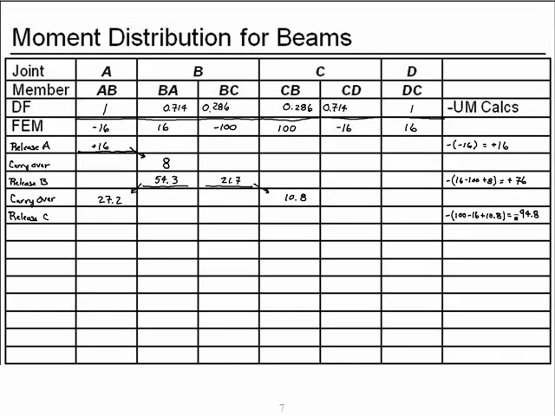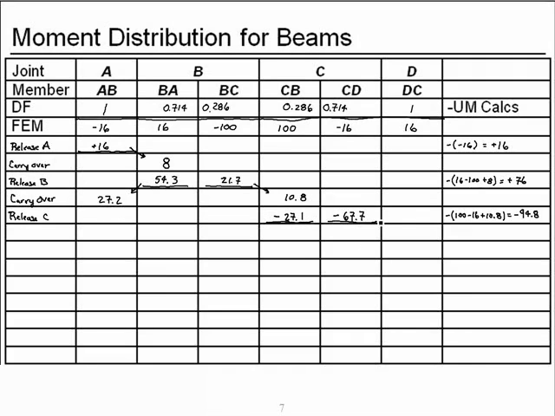So I now take that quantity, multiply it by the distribution factor 0.268, and get a negative 27.1 foot kips. I take this quantity, multiply it by the distribution factor 0.714, and get a negative 67.7 foot kips. And if we add all these numbers together, we'll see that node C is now in equilibrium.